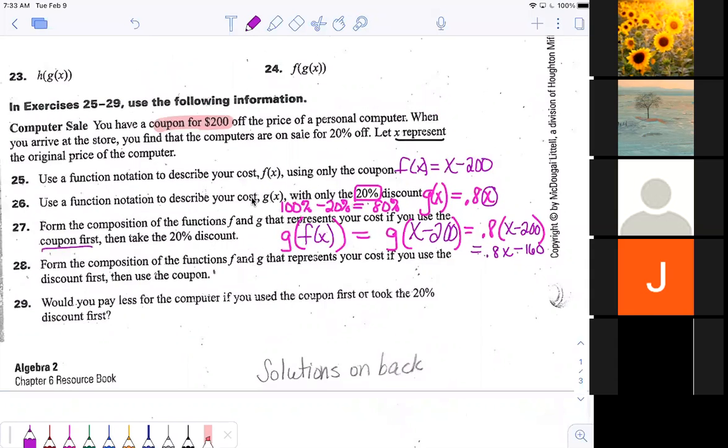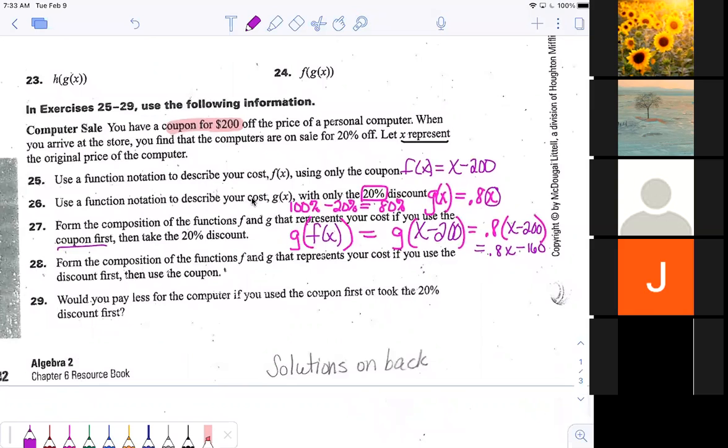And then 28 is the opposite. So for 28, I would do the discount first, and then the coupon. The discount is g of x, that goes in the middle. And the coupon was the f of x function. Are there questions on that? So my g of x is the 0.8.